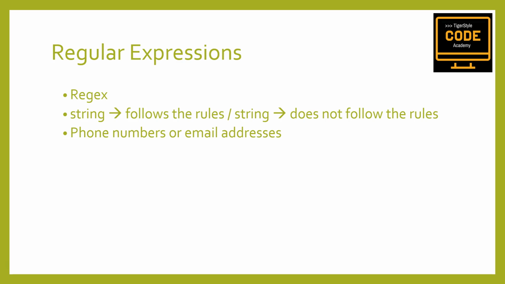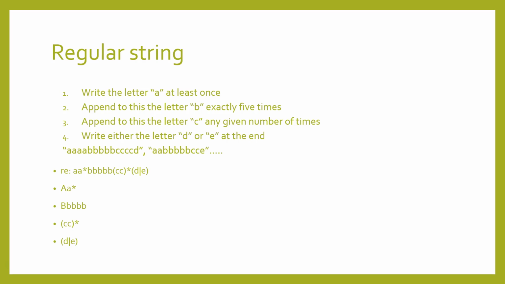It's anything that can be generated by a series of linear rules, such as: write the letter A at least once, append to this the letter B exactly 5 times, append to this the letter C any even number of times, write the letter D or E at the end.